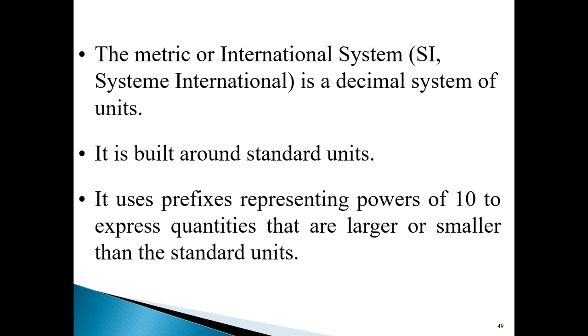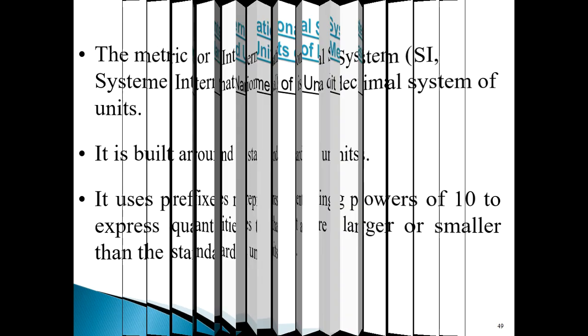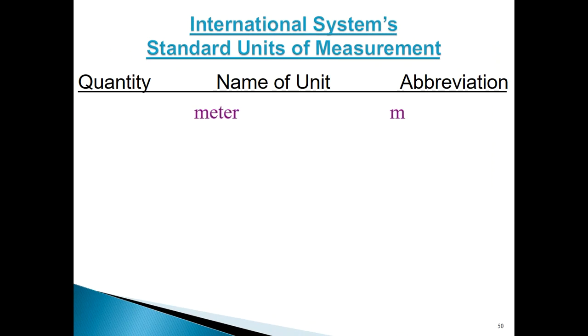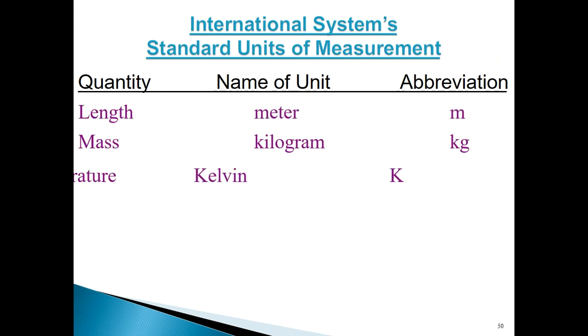The utility of this particular system, as opposed to the older system, is that it uses prefixes which represent powers of 10, and therefore you can express quantities that are large as well as small compared to the standard units. So these are the different standard units.